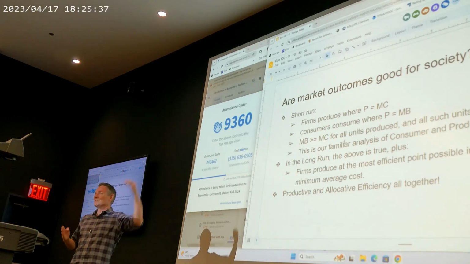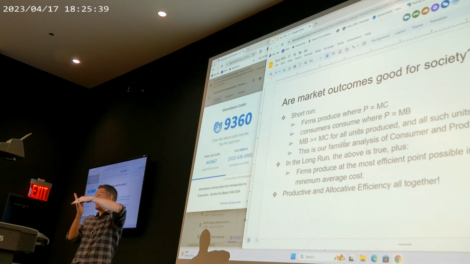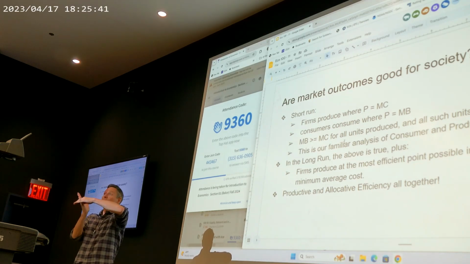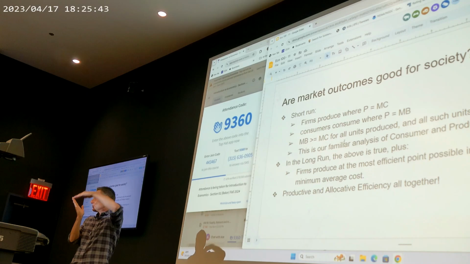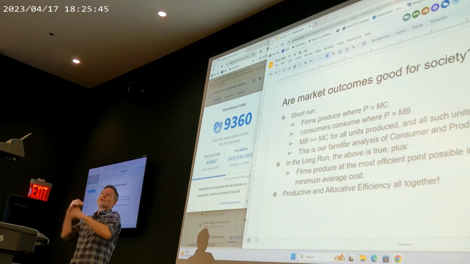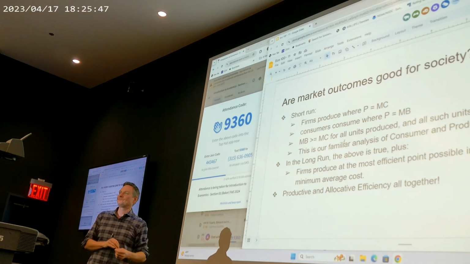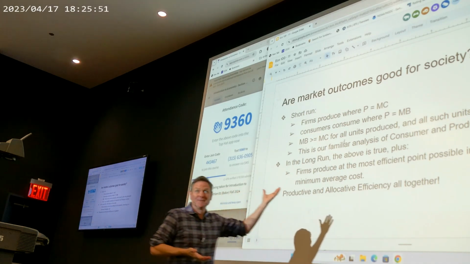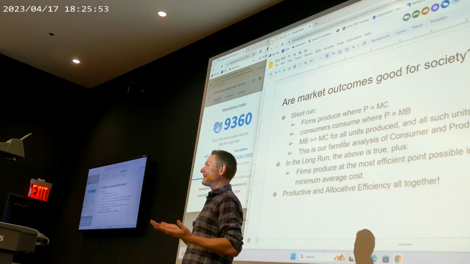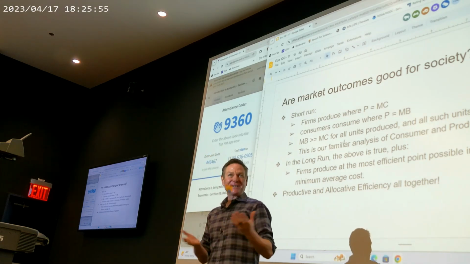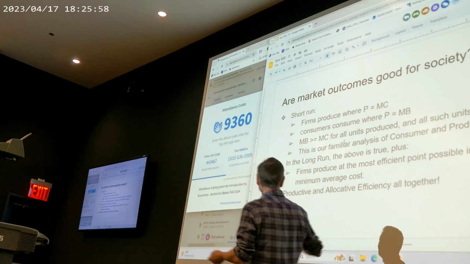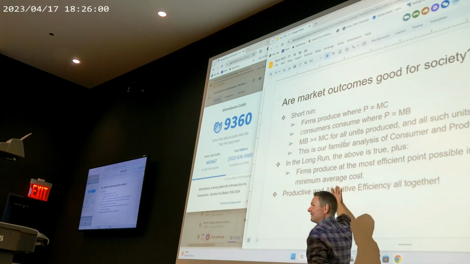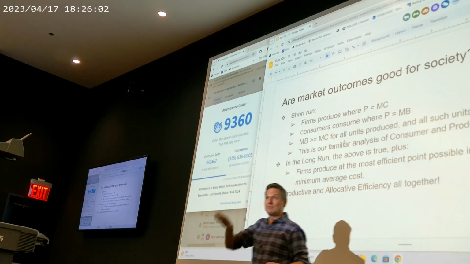When demand and supply cross, if one curve captures marginal costs and the other captures marginal benefits, we exhaust all the gains from exchange. That's still true. We still have demand and supply crossing, as we did in our previous analysis. But now we have this other little fact, that firms are driven to produce.